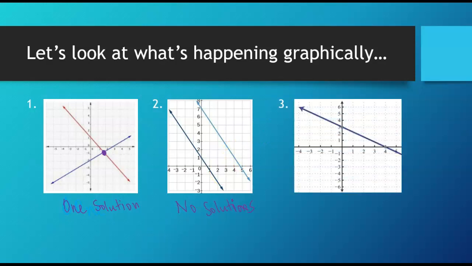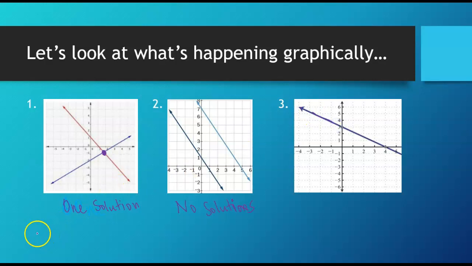The third thing that could happen, and it looks like there's just one line here, but what's really going on is we have two lines, but they're both the same line. So one of them lays right on top of the other line. I'm going to do a quick sketch on top of this.